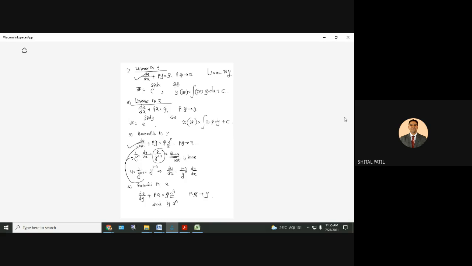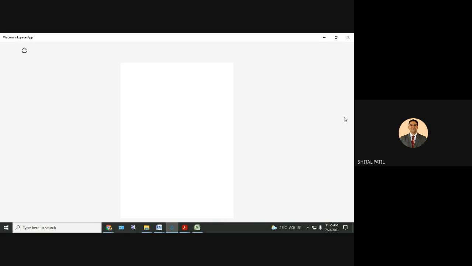Last part. Next, non-linear differential equation. A specific name is not there, I'll just write non-linear. It is of this type: f'(y) dy/dx plus f(y) P equal to Q, where P and Q are functions of x.